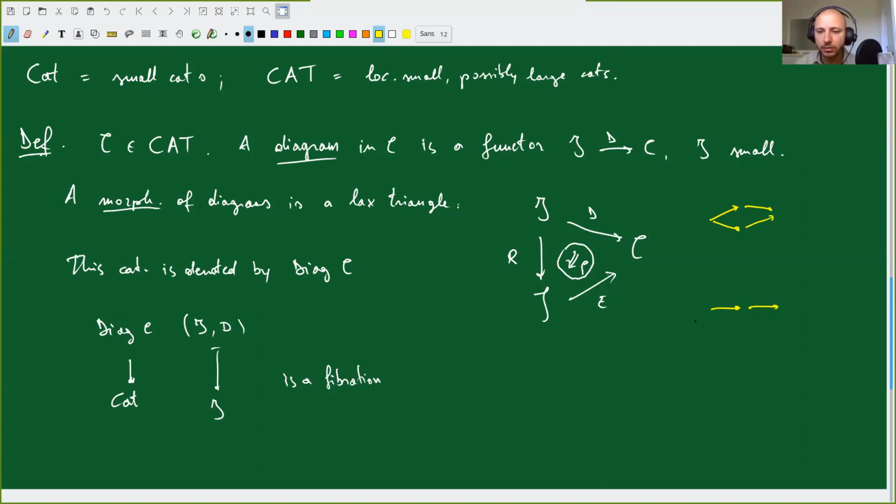I don't know. So we get a diagram with this shape. Then the natural transformation rho may be in this form. So instead of deforming a diagram into another diagram, it deforms the diagram into a sub-diagram of the new diagram, okay? So that's the only difference that you have if you use this notion of morphism of diagrams, okay?